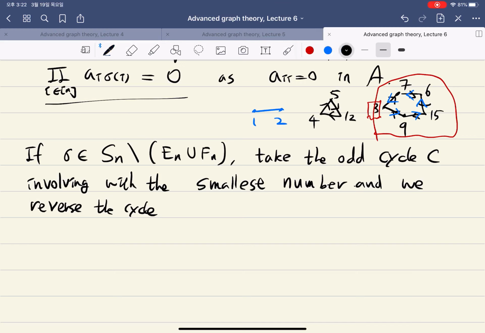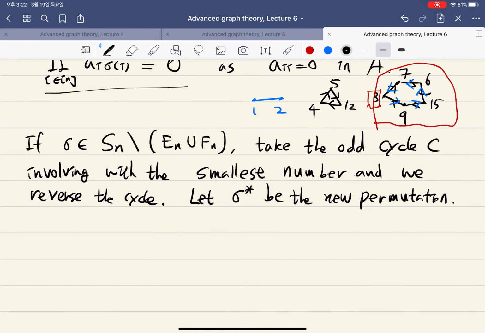Let sigma star be the new permutation which we obtained from reversing the cycle C. Then one easy thing is that if you take star twice, then it's the original permutation.